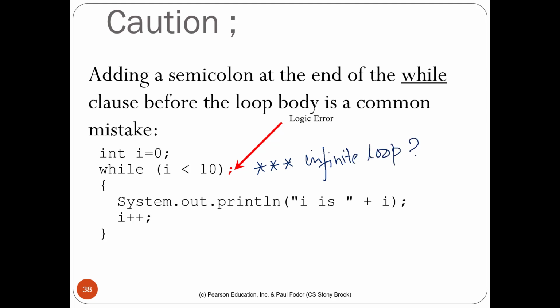Please confirm. Is that an infinite loop? If yes, why? Okay, check. But the point is, it is a logical error. It's not a compiler error. Okay, so that's a mistake. We often make these mistakes. So we should be careful about it.